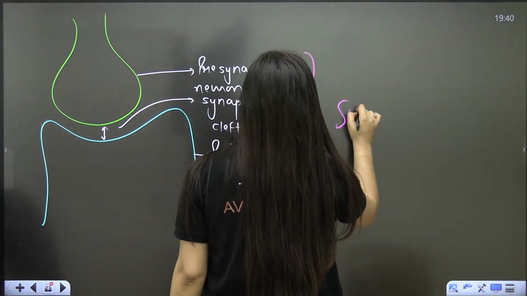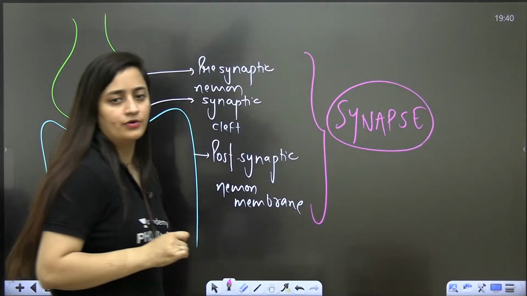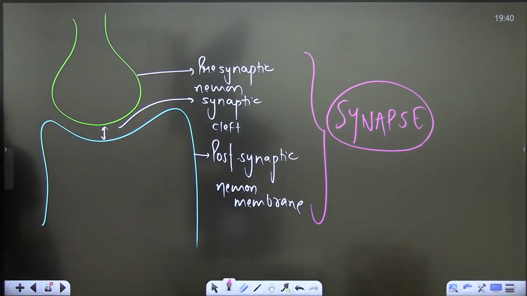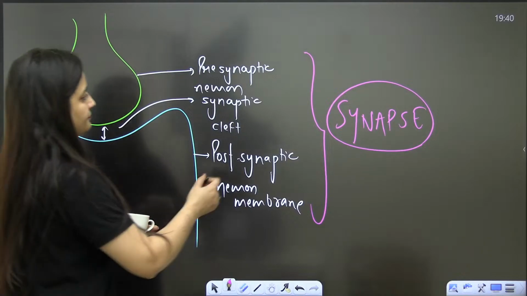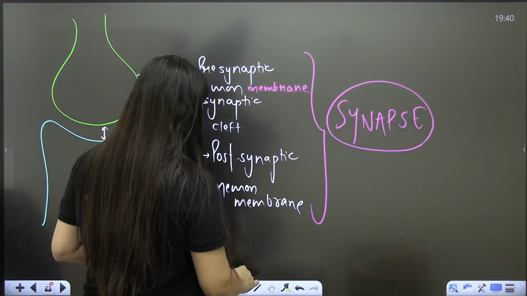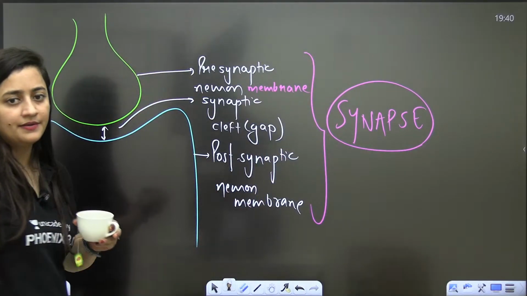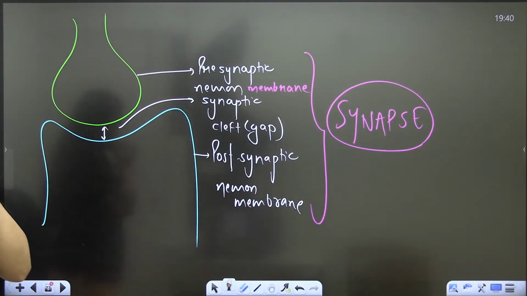These three things are making a synapse. Even in class 10th, you discussed it. So this is known as a synapse. Is that clear? So the presynaptic membrane, the postsynaptic membrane, and the synaptic cleft, that is the gap in between, together make the synapse.